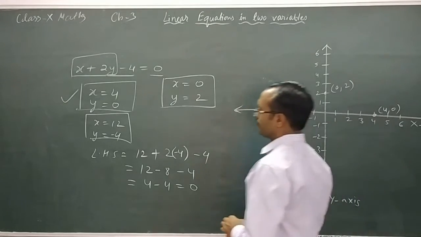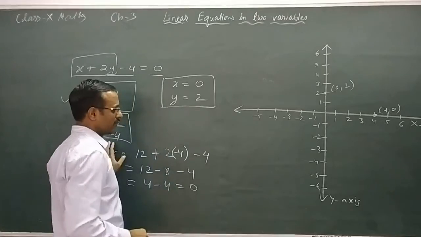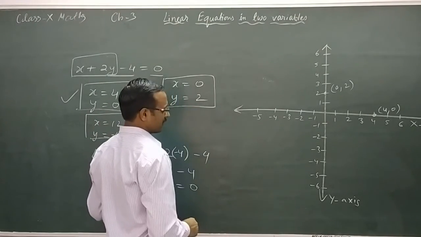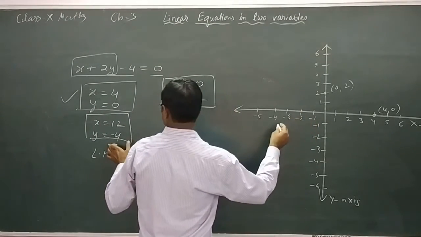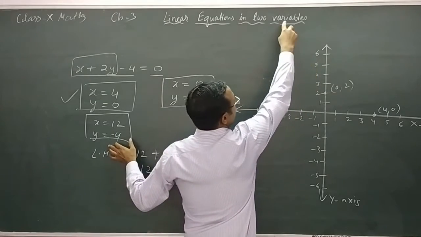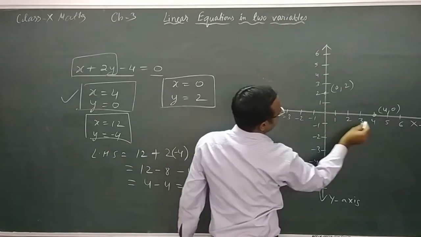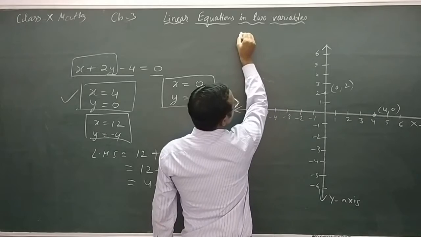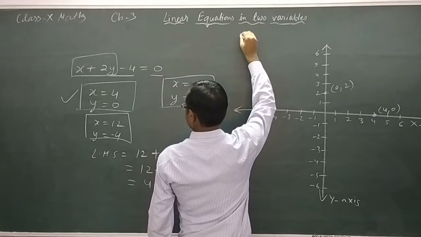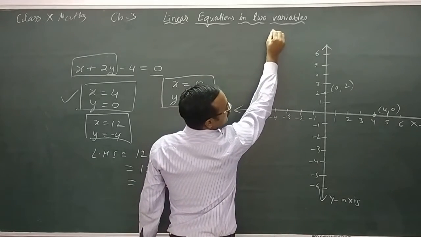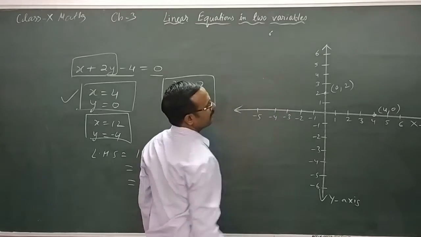Now x equal to 4 and y equal to minus 4, x equal to 12 and y equal to minus 4. So you will get this one somewhere here.